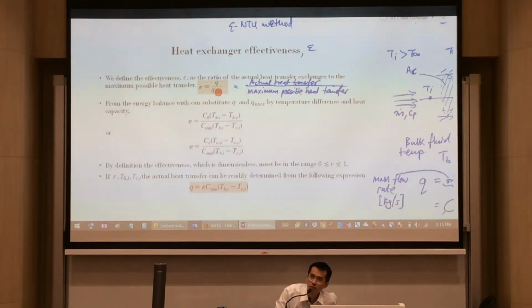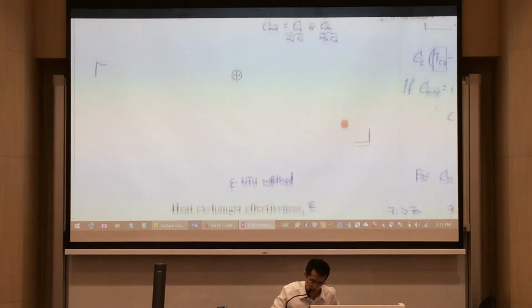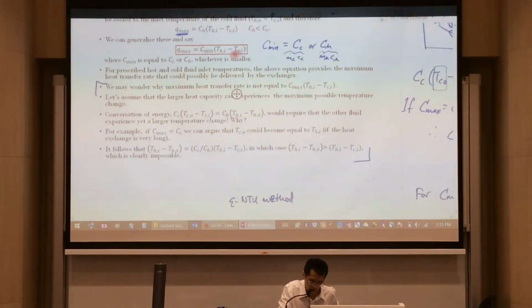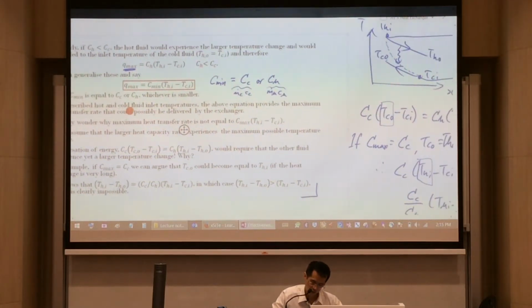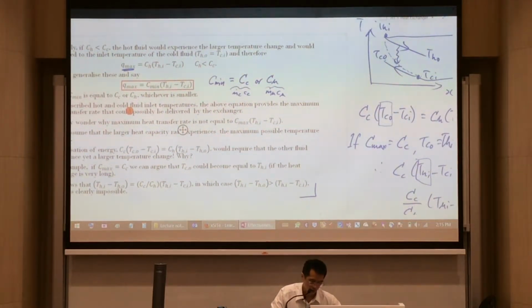Qmax you have already seen in the previous lecture. In the previous lecture, this is the definition for Qmax. So, a quick revision: this Qmax is equal to C min, where this C was the capital C that I had before, the heat capacity, the minimum of the heat capacity.